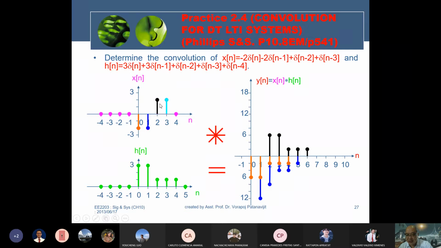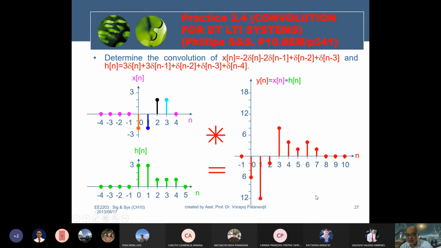The impulse location will be the same as the black one, but shifted to the right of the green by 3 positions. It gives you 6, 6, 2, 2, 2. You sum them, and the result will be here.